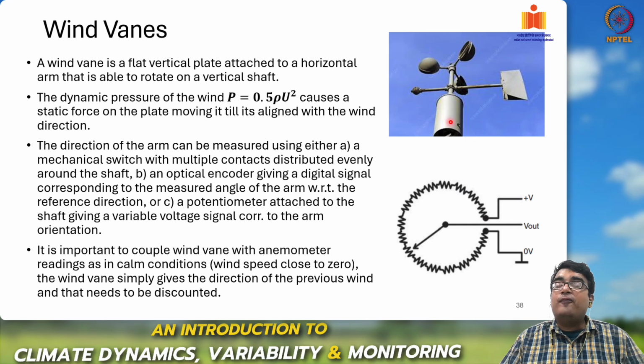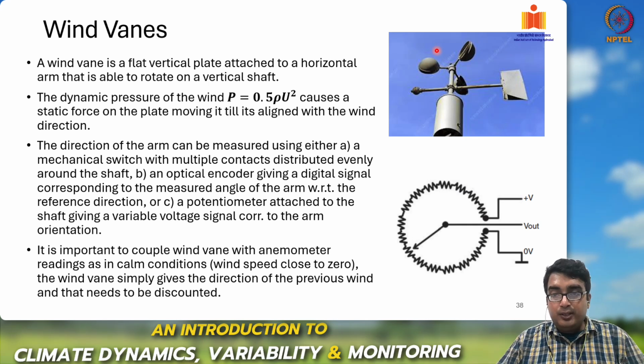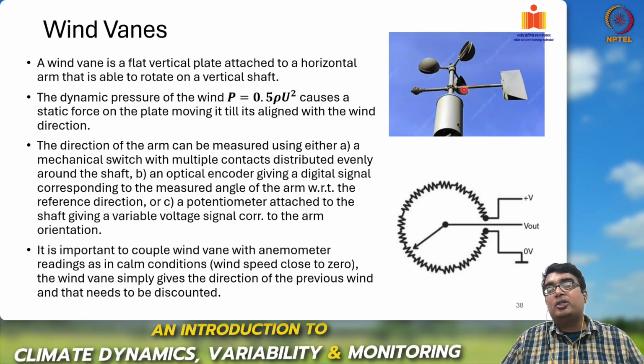Again, this is often put along with the cup anemometer or on a separate mount. These two look to be on the same shaft, but that is not true. This is one shaft and this is a second shaft, and the wind vane rotates in the direction in which the wind is blowing. So unlike a cup anemometer that always rotates in a single direction, a wind vane rotates in the direction in which the wind is blowing.